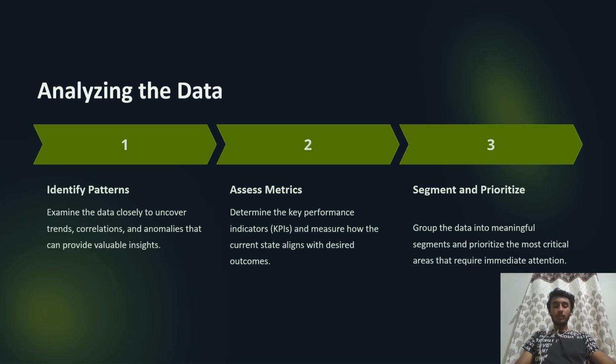Segment and prioritize: group the data into meaningful segments and prioritize the most critical areas that require immediate attention. So these are the steps used in analyzing the data: identifying the patterns, assess metrics, segment, and prioritize.